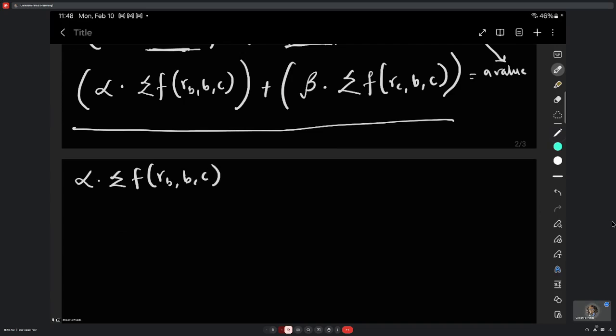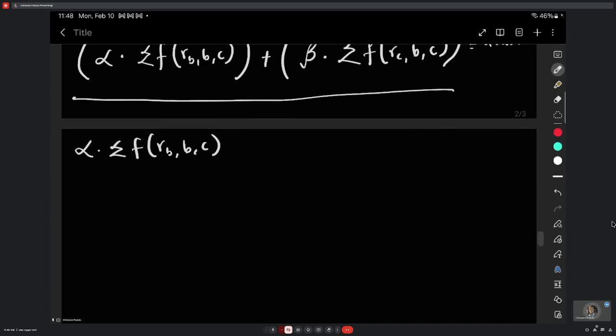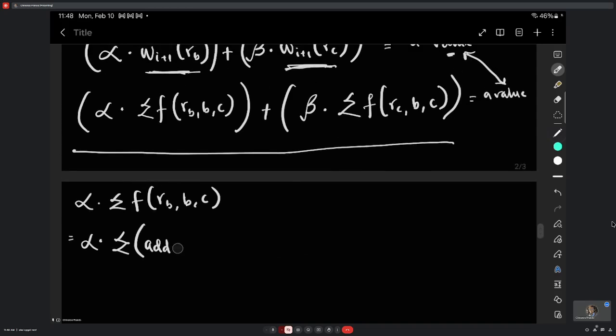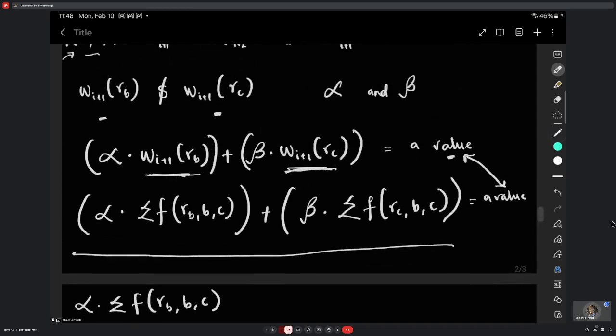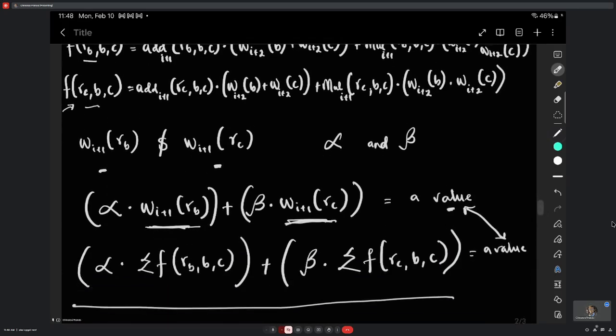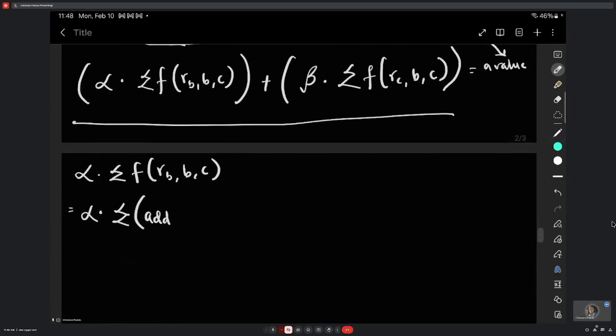Let's just start with this first one. So that'll be equal to alpha times add_{i+1}, right? Maybe add_{i+2}? No, that's add_{i+1}. Okay, sorry. Yeah, add_{i+1}. It's W that will be i+2.